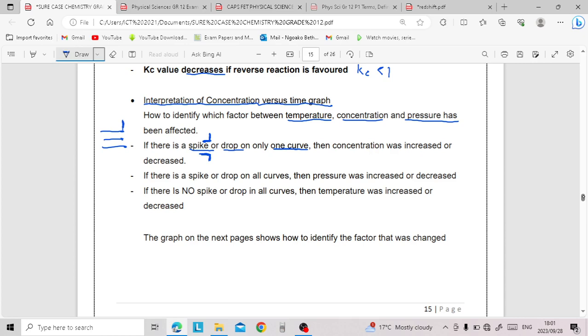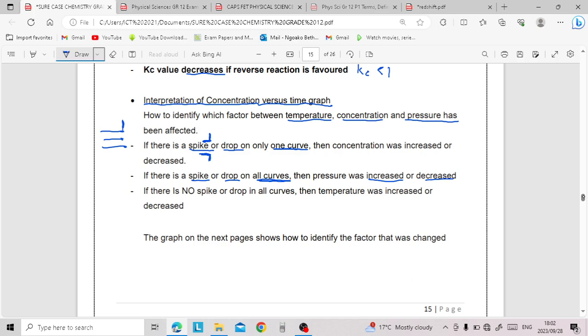Right? If there is a spike or a drop on all the curves, now they are saying on all the curves, then the pressure was increased or decreased.